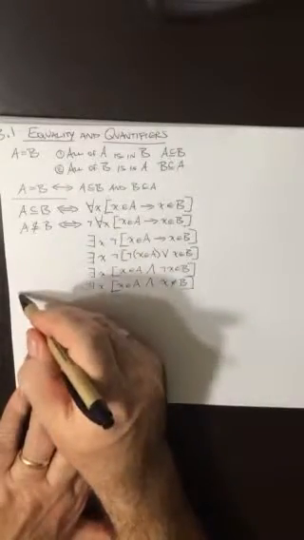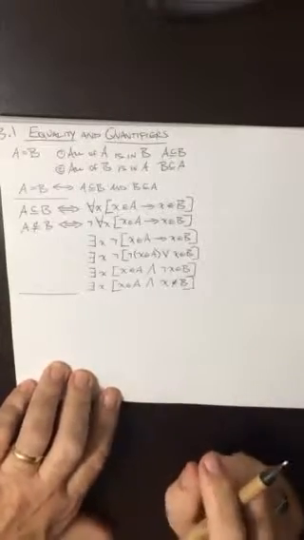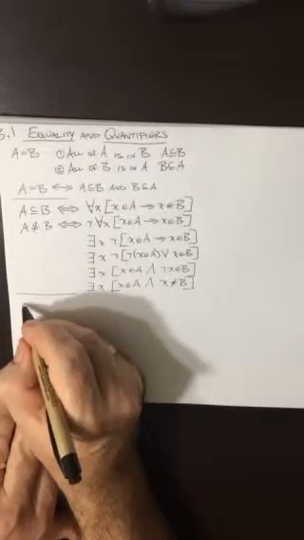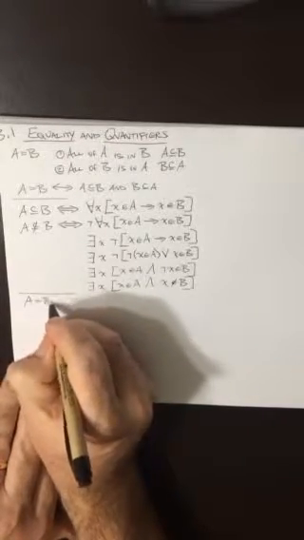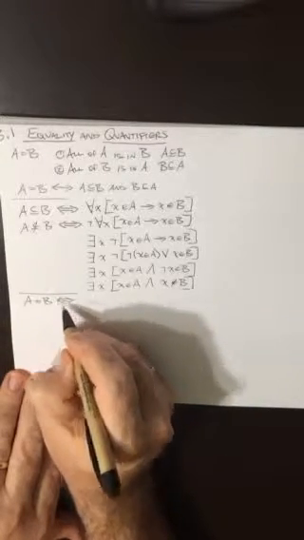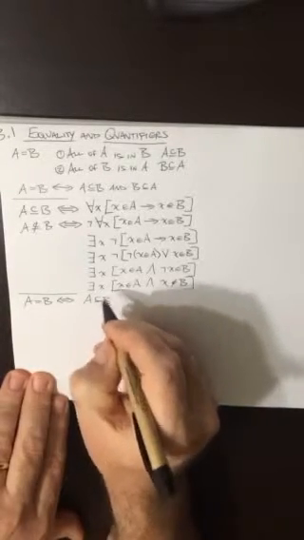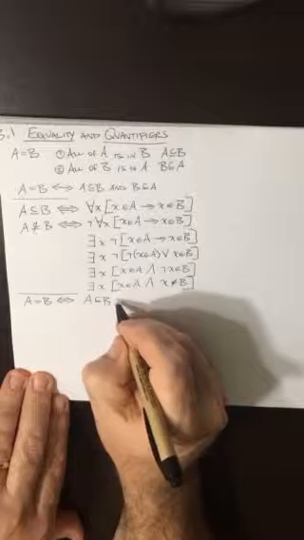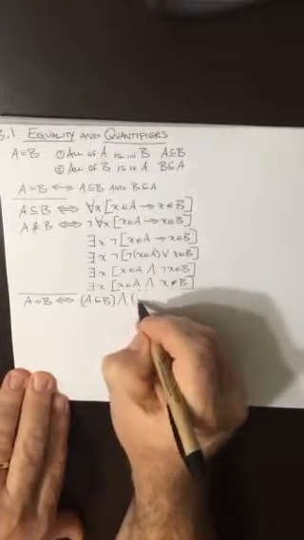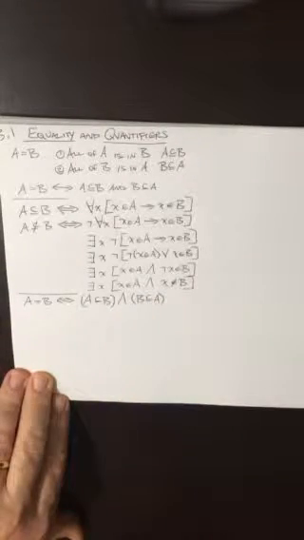Now, with that in mind, let's go back and see what it is we're doing when we say that A is equal to B, right? A equal to B is logically equivalent to A is a subset of B, I put parentheses around that, and B is a subset of A. Okay?